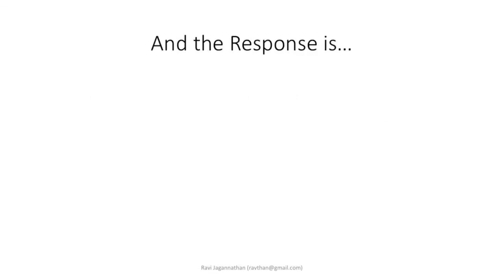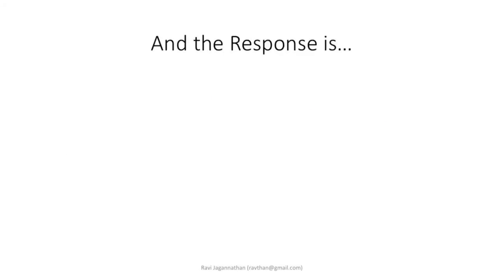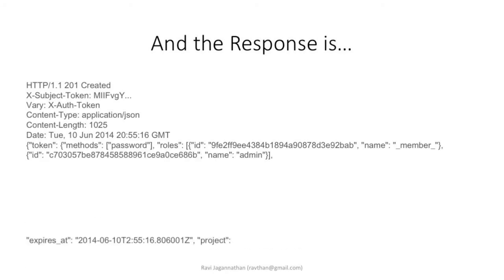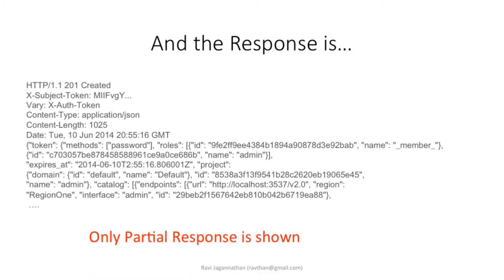The curl command is typically used in a shell script. I wouldn't use it on a command line because it's going to come back with a response like this. It's never ending. You're looking at it and saying, oh my God, is this what I need to deal with? So I wouldn't use it in the regular command line. This is only a partial response. It's not all of it.